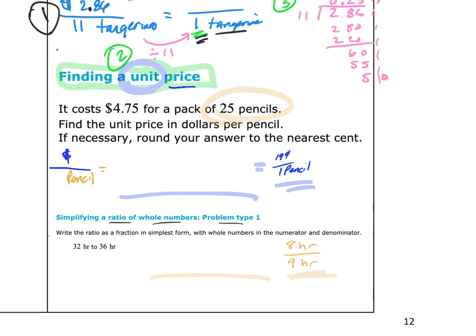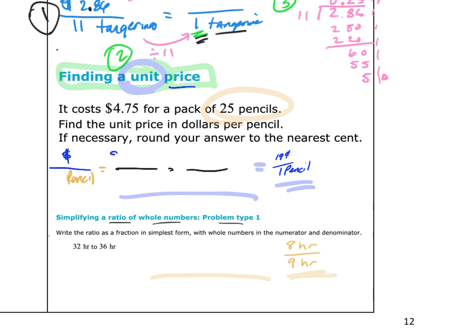And I would always write out my units like this, because you have to make sure that everything on the top is dollars and everything on the bottom is pencils. That helps you keep things organized and helps you stop from making a mistake. So really what you're going to do is fill this in.